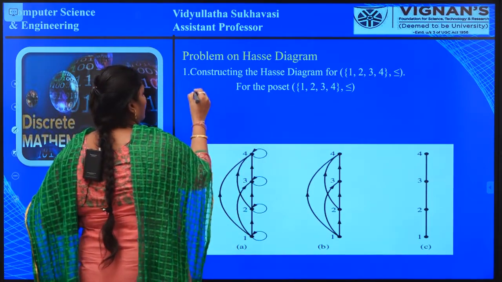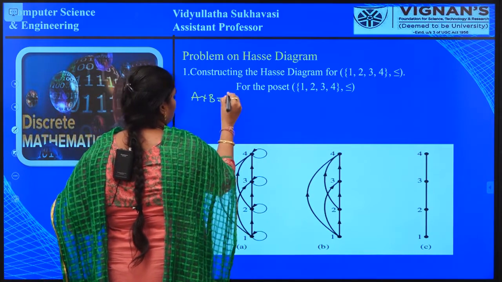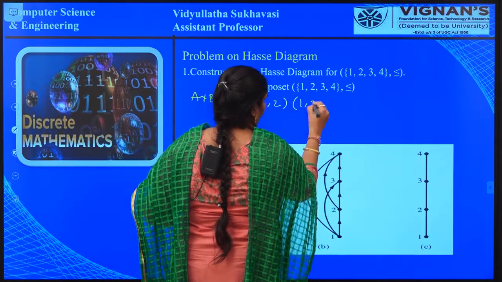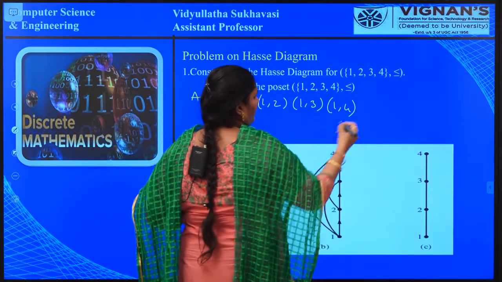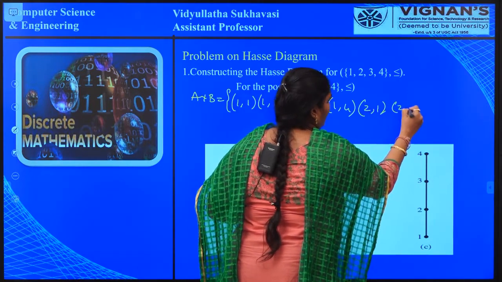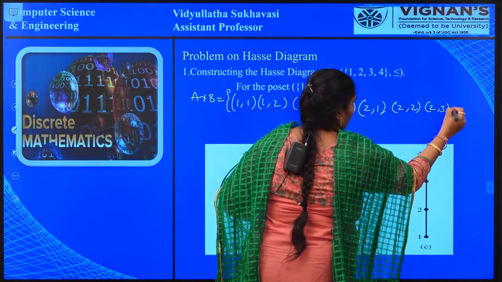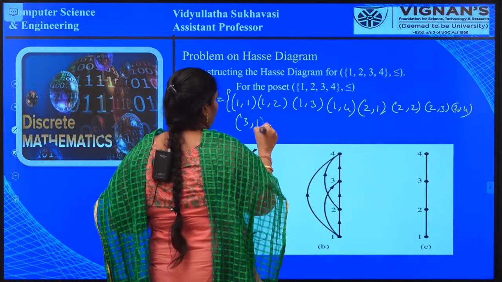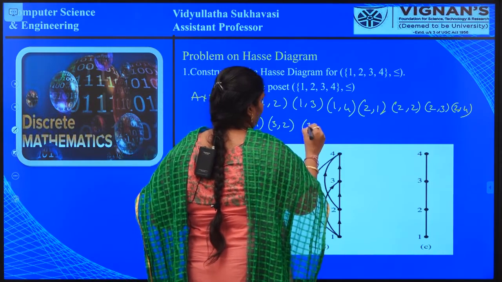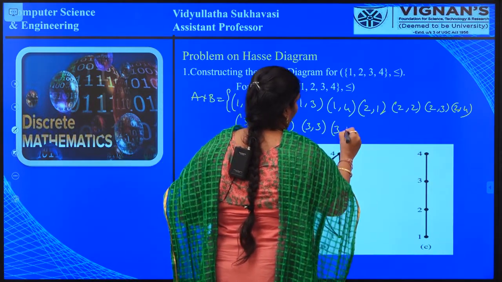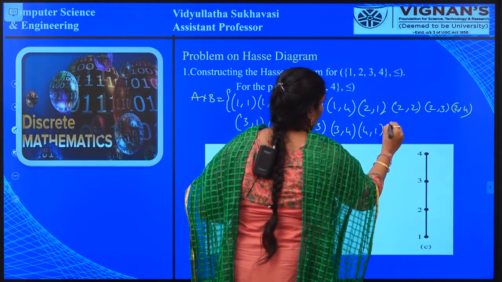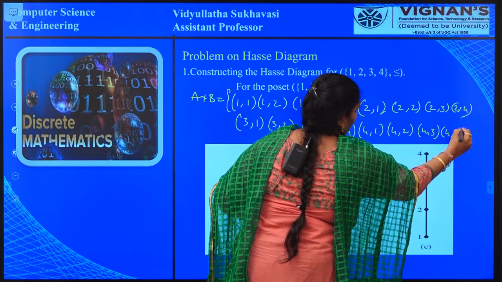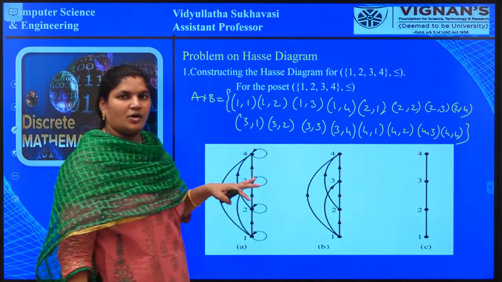The Cartesian product is (1,1), (1,2), (1,3), (1,4), next (2,1), (2,2), (2,3), (2,4), next (3,1), (3,2), (3,3), (3,4), next (4,1), (4,2), (4,3), (4,4). So these are the Cartesian product ordered pairs.